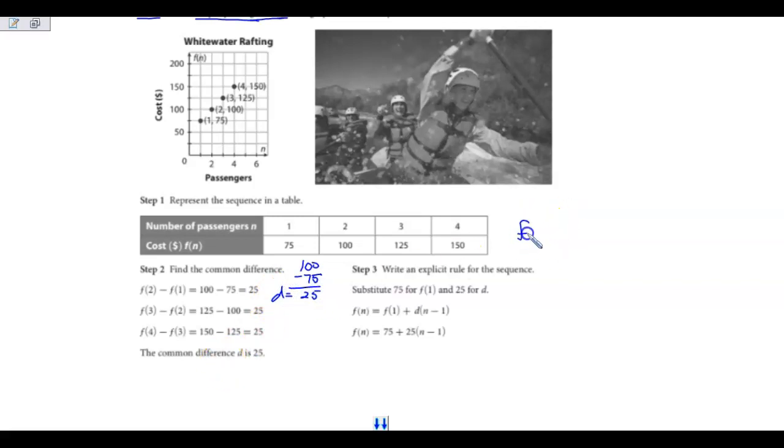My first term is 75. So if I were to find the explicit rule, f of n equals my first term, which is 75, plus my common difference, which is 25, times my previous term. There is my explicit rule.